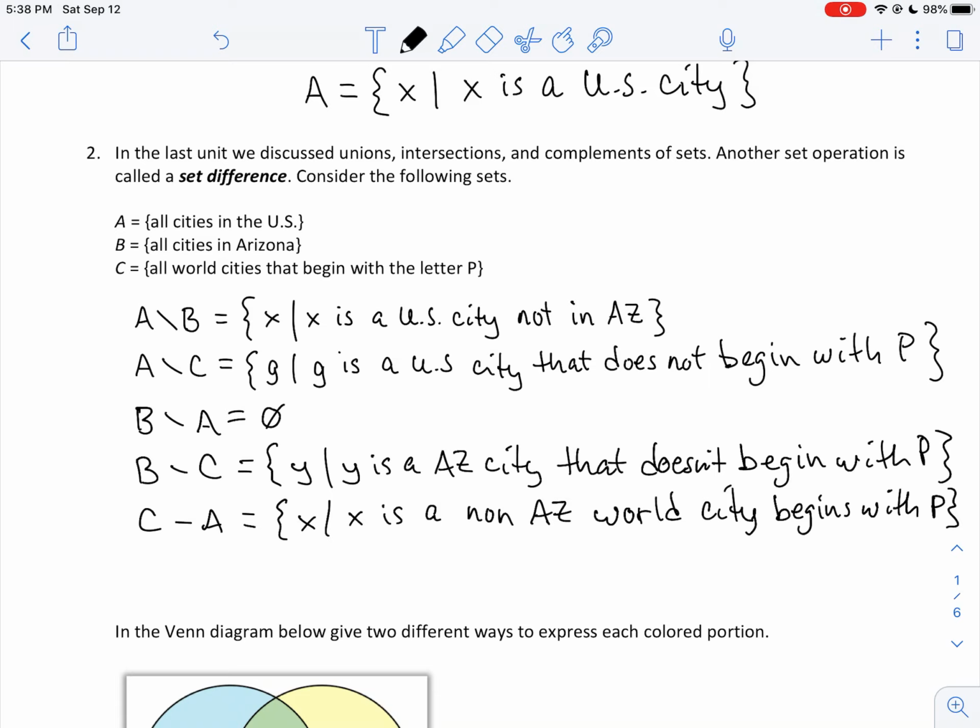But C minus A: everything that's a world city that begins with P, but you have to remove from that all those cities that happen to be in Arizona. Why am I saying Arizona here? I do not know. I was thinking C minus B, even though I wrote C minus A. C minus B is all non-Arizona world cities that begin with P. C minus A, let's go with a little b, such that b is a non-US world city. Again, begins with P.